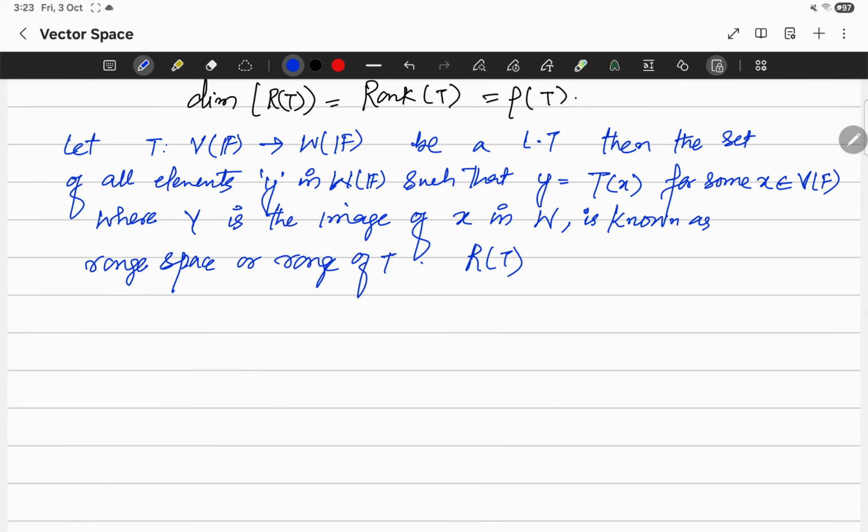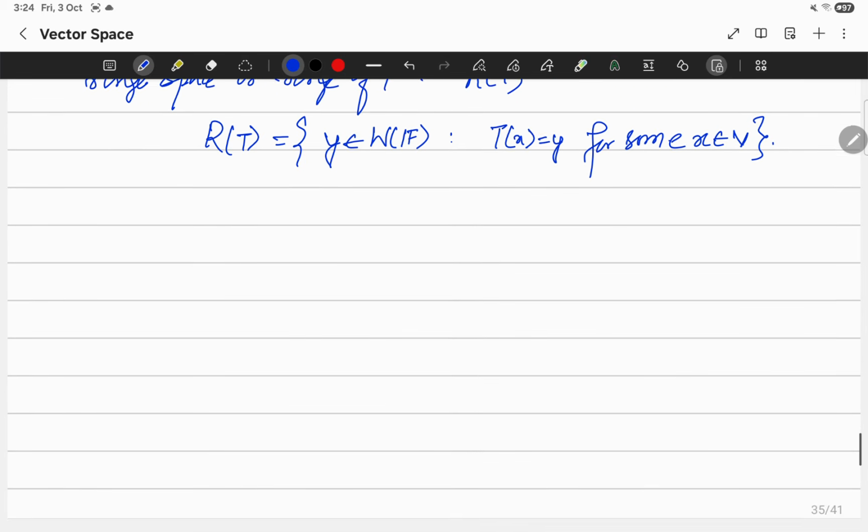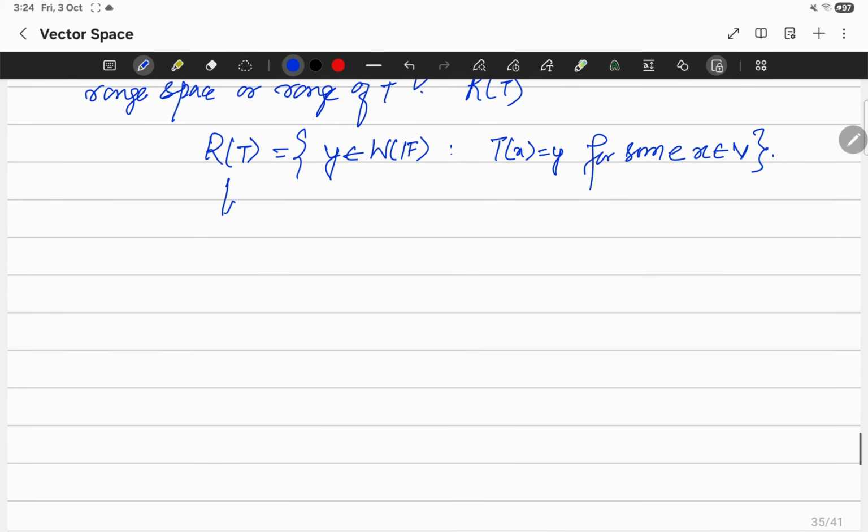Okay, so mathematically we write, R of T is the set of elements in W over F that have a pre-image. So T of X will be equal to Y for some element X in V. Okay, so it has a dimension.